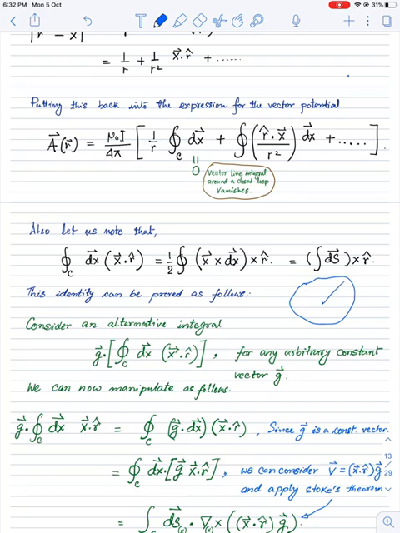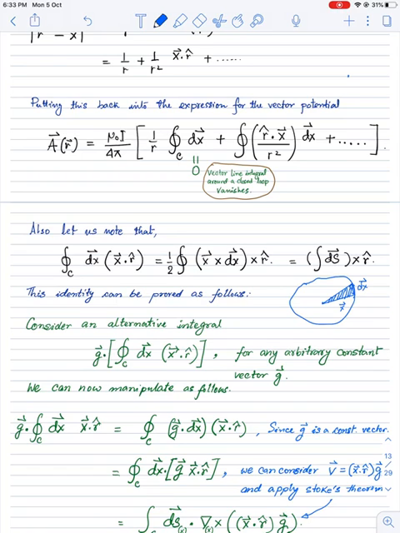And if we take this half into this x, so x is this vector, and then dx is basically this vector, then x cross dx, half of that is basically the area of this triangle.